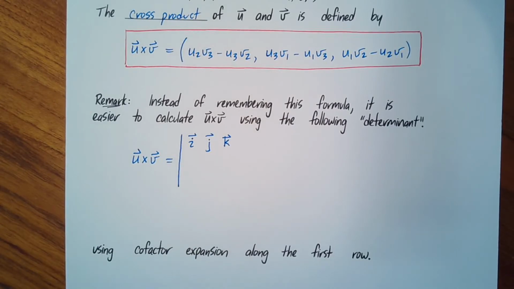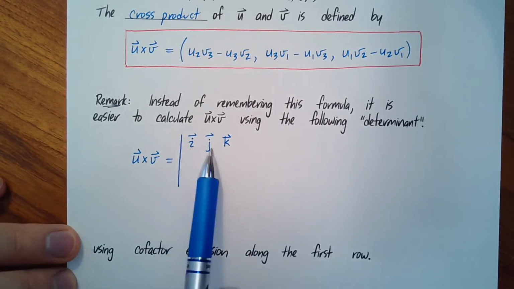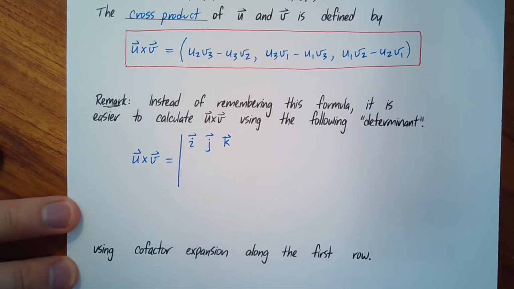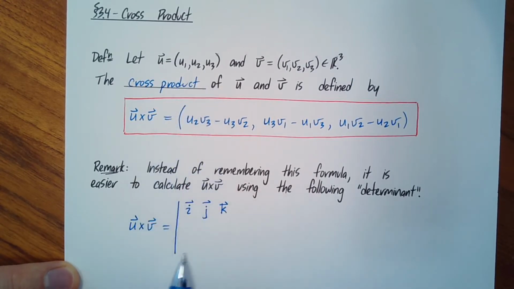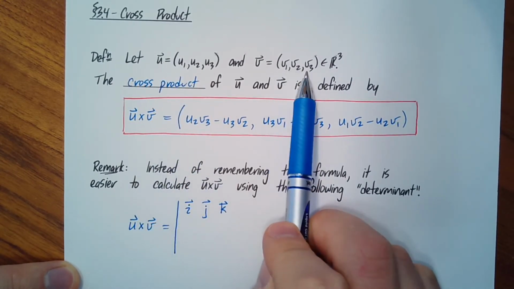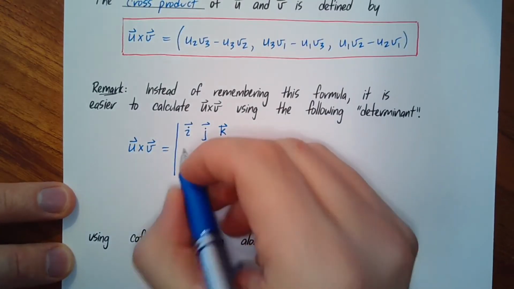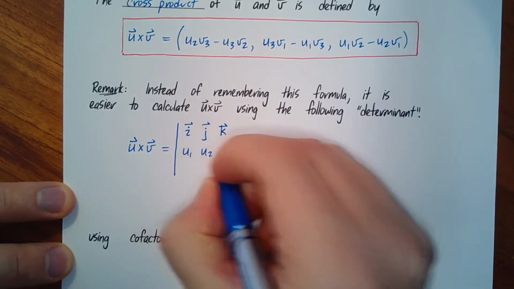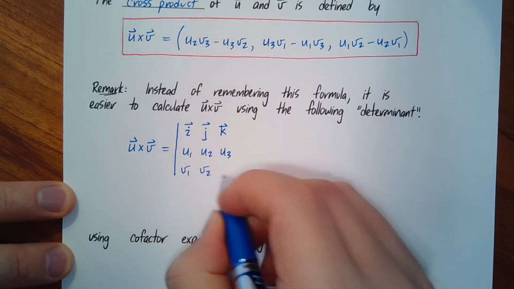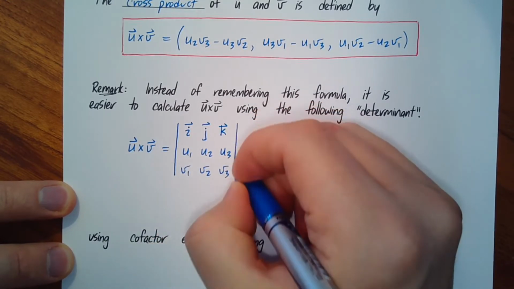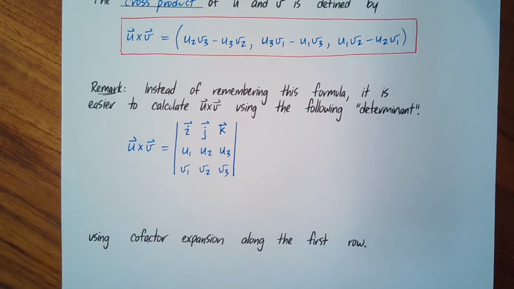And I'll tell you what those are in just a moment, but for now, just know that these are vectors. And then the second row is going to be exactly the coordinates of the vector u that were given up here, and then the third row is going to be the coordinates of v. So the rest of it looks like u1, u2, u3, and v1, v2, and v3. So that is what you want, okay?